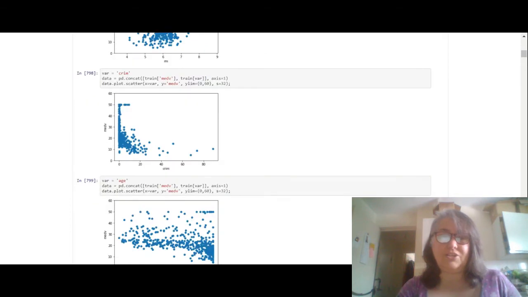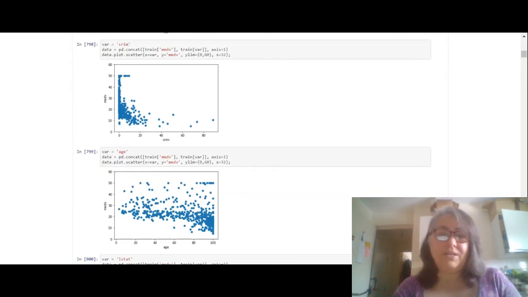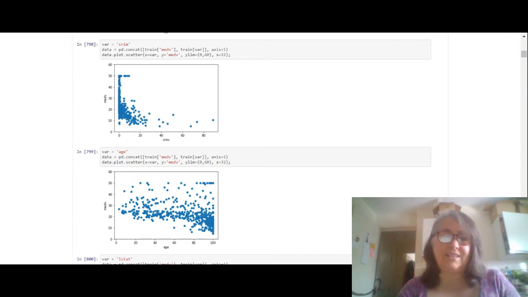The next thing we're going to do is a scatter plot of the crime rate against the value of the house. So in theory, the lower the crime rate, the higher the value of the house. And we do have a lot of houses up there with 50. The value of the house is the MEDV times 1,000, so if it says 50, that means it's 50,000.